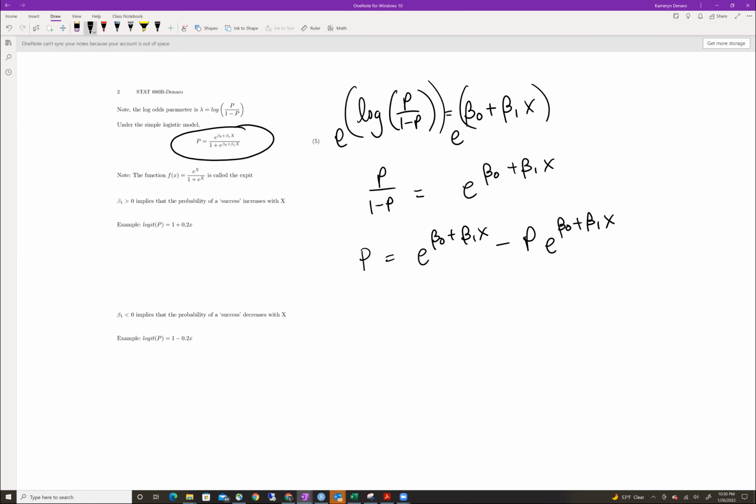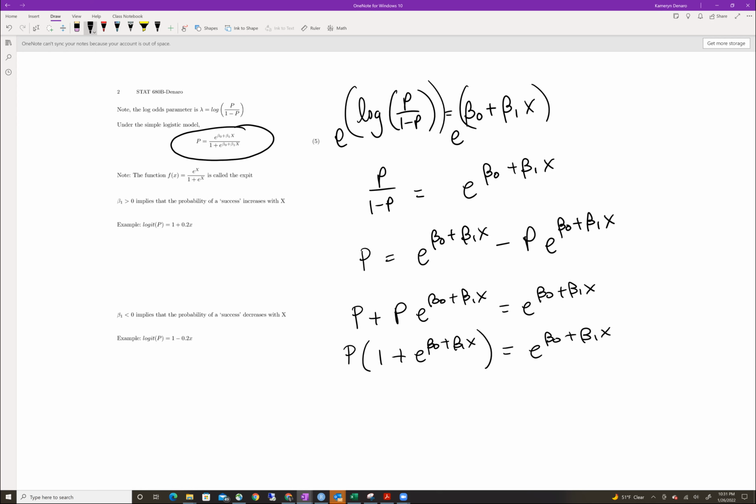Bring that to the other side, we get p plus p e to the beta 0 plus beta 1x equals e to the beta 0 plus beta 1x. Factor out a p, we get p times 1 plus e to the beta 0 plus beta 1x equals e to the beta 0 plus beta 1x.